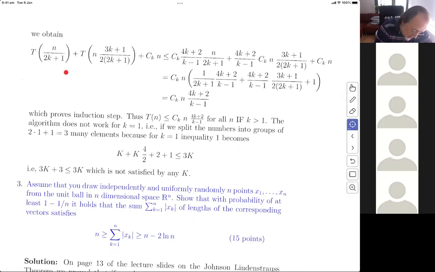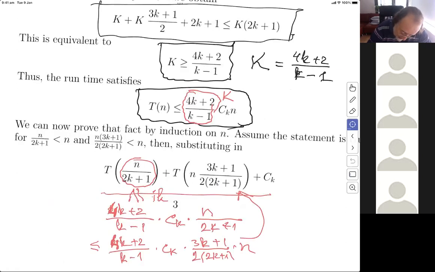Oh, I forgot to add, sorry, here I have to add plus ck times n for the overhead. And I forgot it here too, n plus ck times n. Okay, so I should correct that in the solutions.